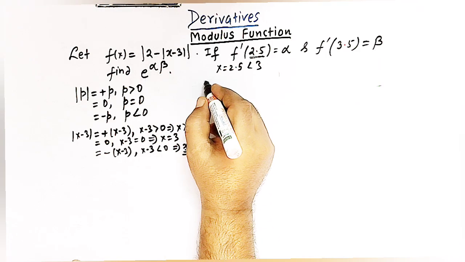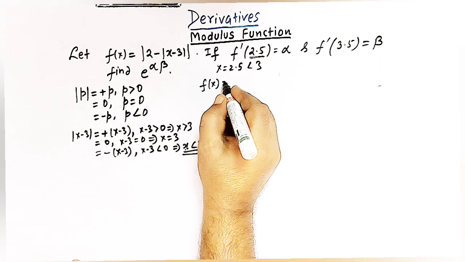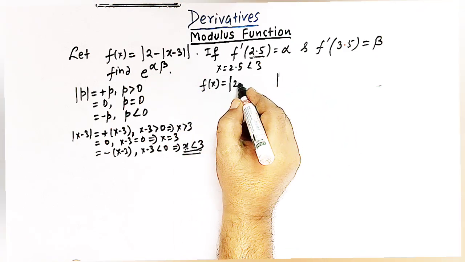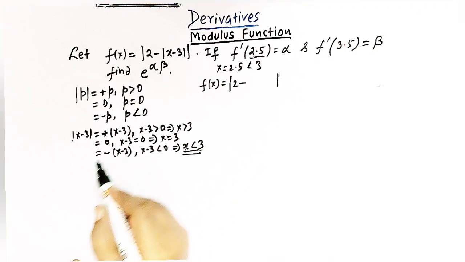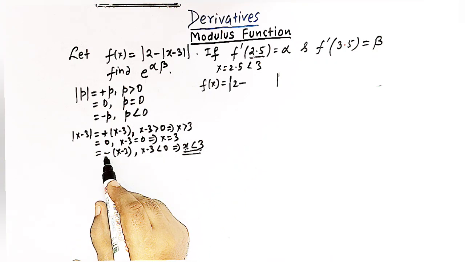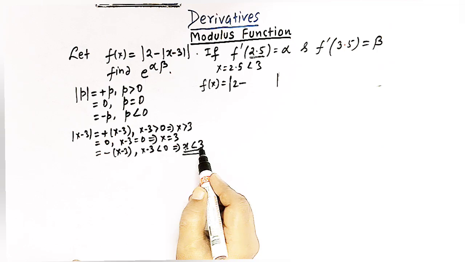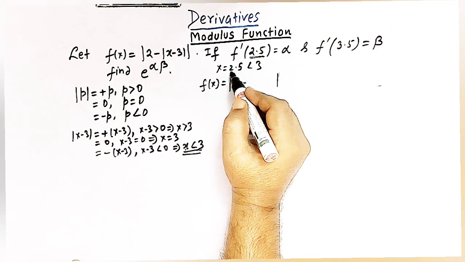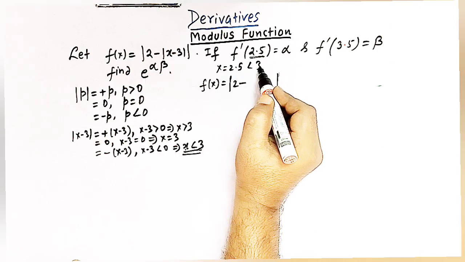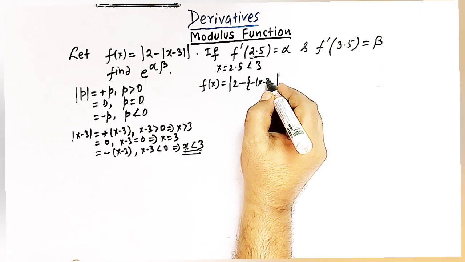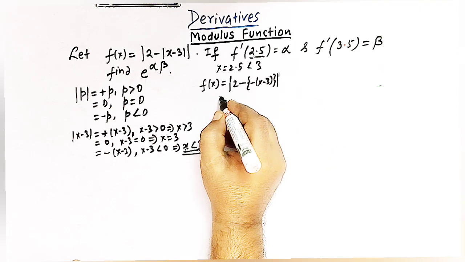So now we can write f of x is equal to mod, and here we have 2 minus, and mod of x minus 3 should be replaced by negative of x minus 3 because x is less than 3, and here x is 2.5 which is less than 3. So we'll write here a negative of x minus 3, right? So let us solve it.